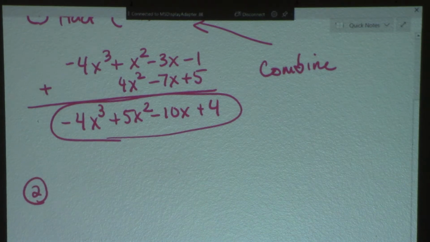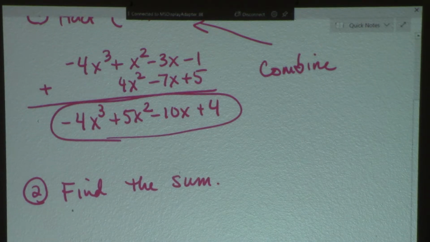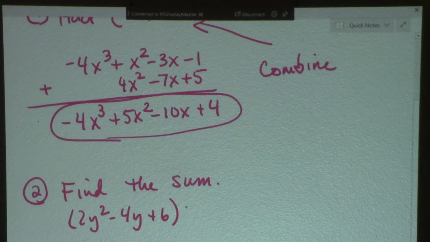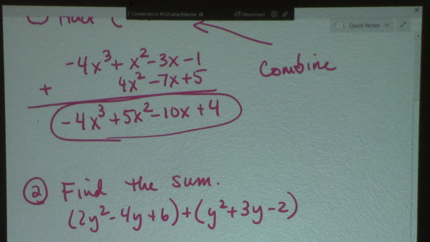Here's number 2. Find the sum. And what do I have? 2y squared minus 4y plus 6 plus y squared plus 3y minus 2.